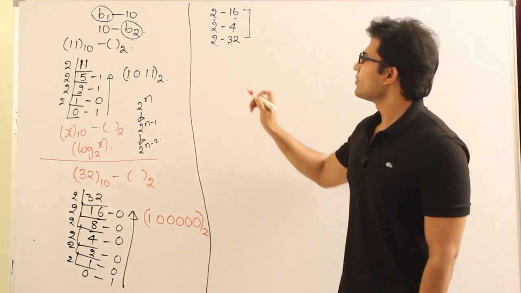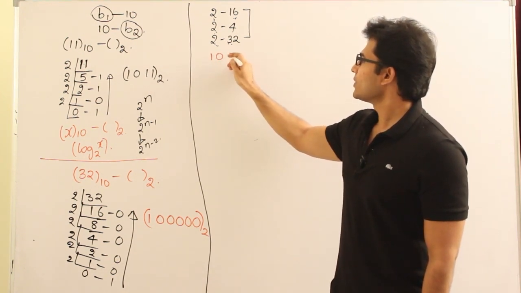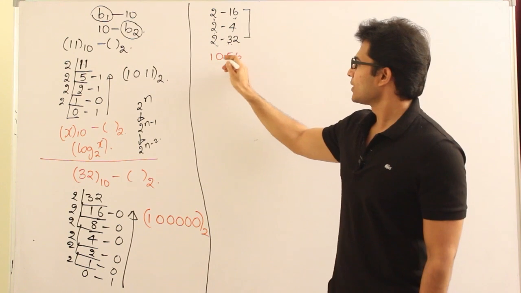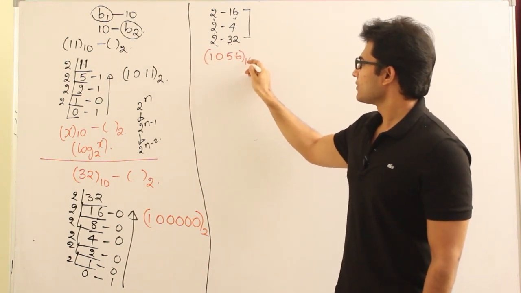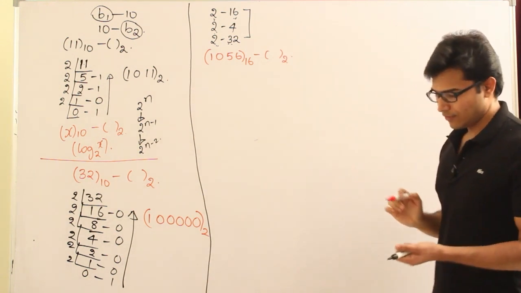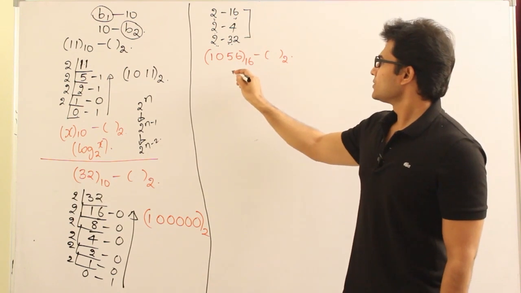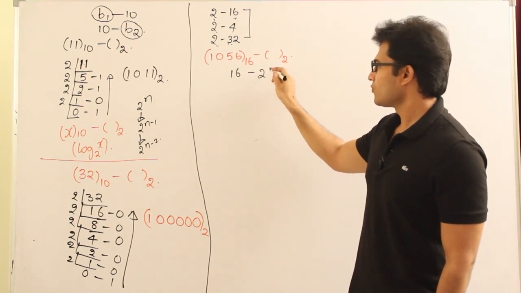Let us say the number given is 1056. This is in base 16 and we are supposed to convert it to base 2. You can observe that 16 is 2 power 4.